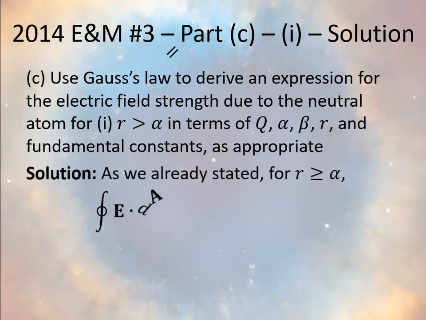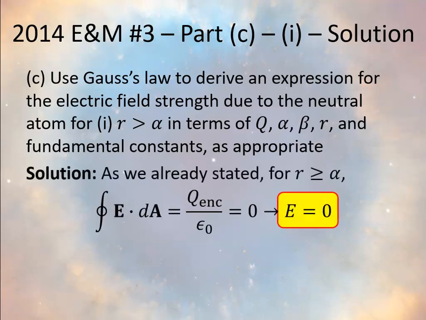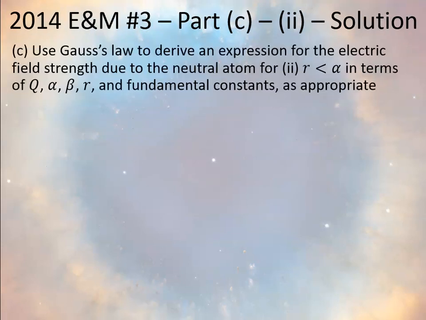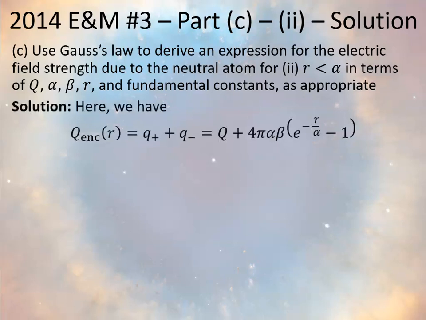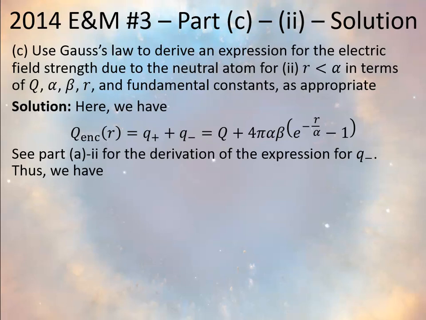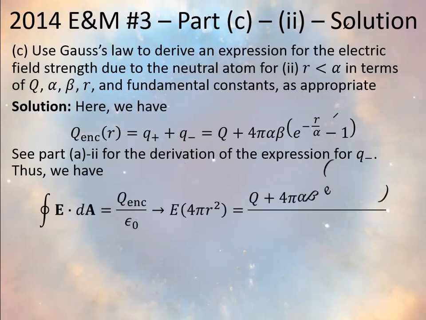So we're going to use Gauss's law, and noting that the left side here is just going to be an E times 4 pi r squared because we're talking about a Gaussian sphere of radius r. And note that that enclosed charge is something that we already calculated back when we were doing part A. So we have the left side, E times 4 pi r squared, and then just plug in the value for our enclosed charge, though don't forget to add in the plus q from the positive contribution from that positively charged nucleus.